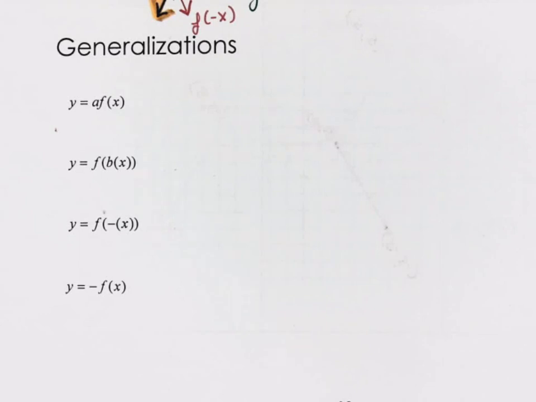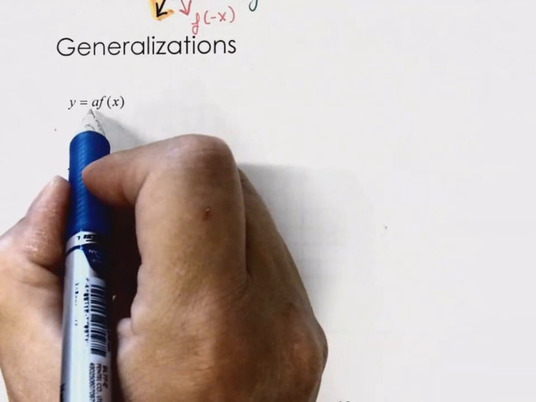Let's talk about what happens. Generalizations. What happens if the A is outside the f of x?